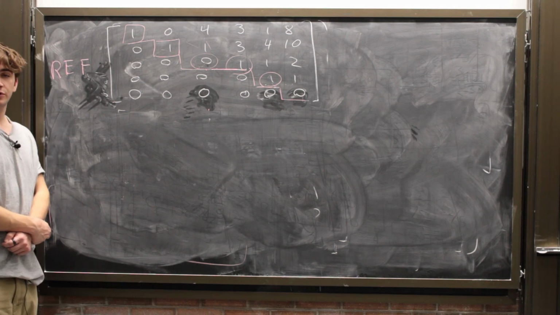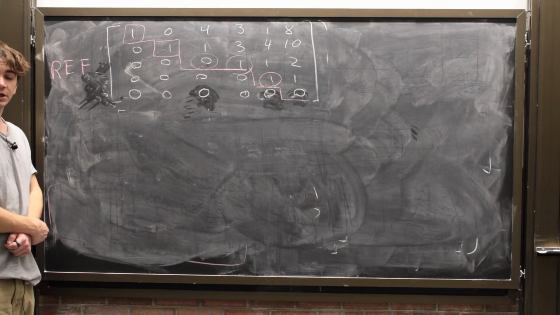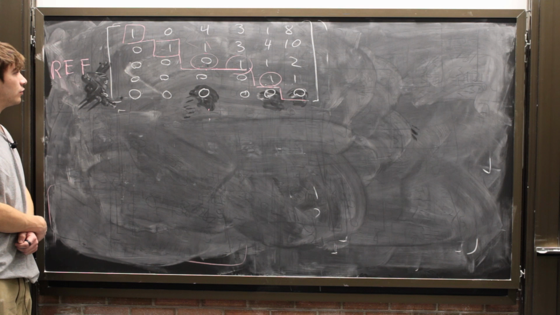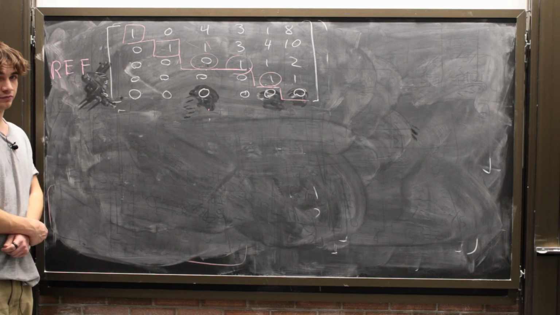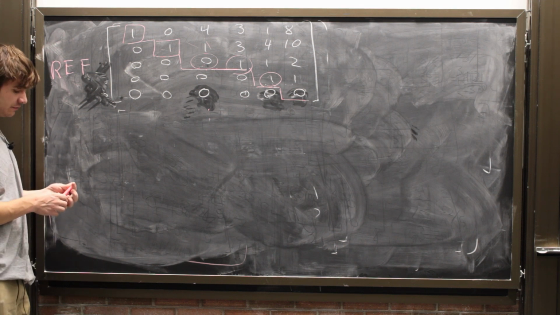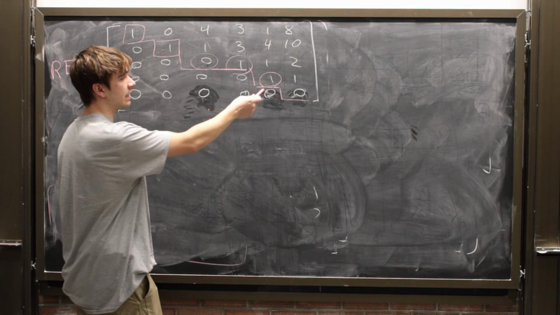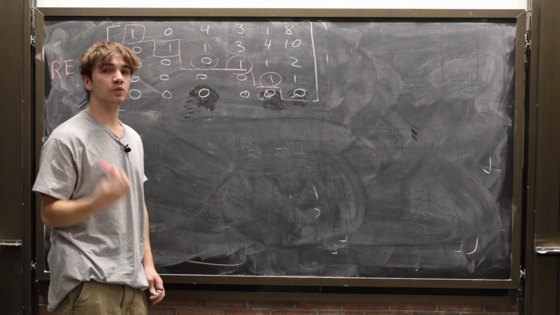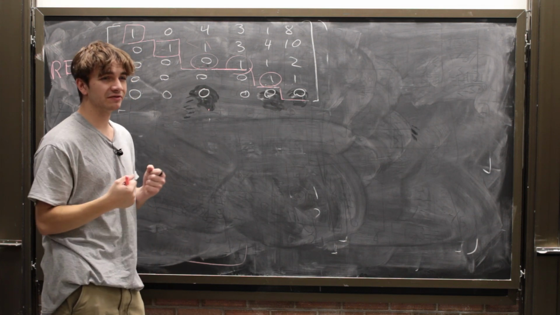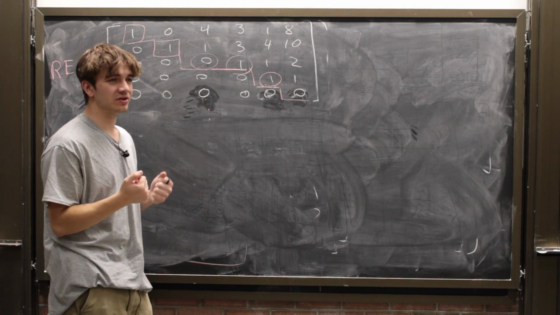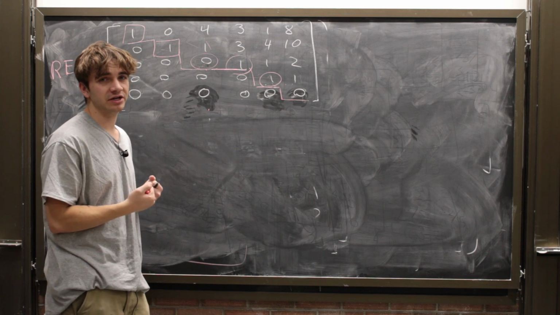Okay? With the REF in play, I can now work towards getting the RREF. So for the RREF, I consider my staircase and I look at the pivots. The pivots are the 1s. Okay, why are they called pivots? Because we're kind of using them to destroy other things in the matrix.